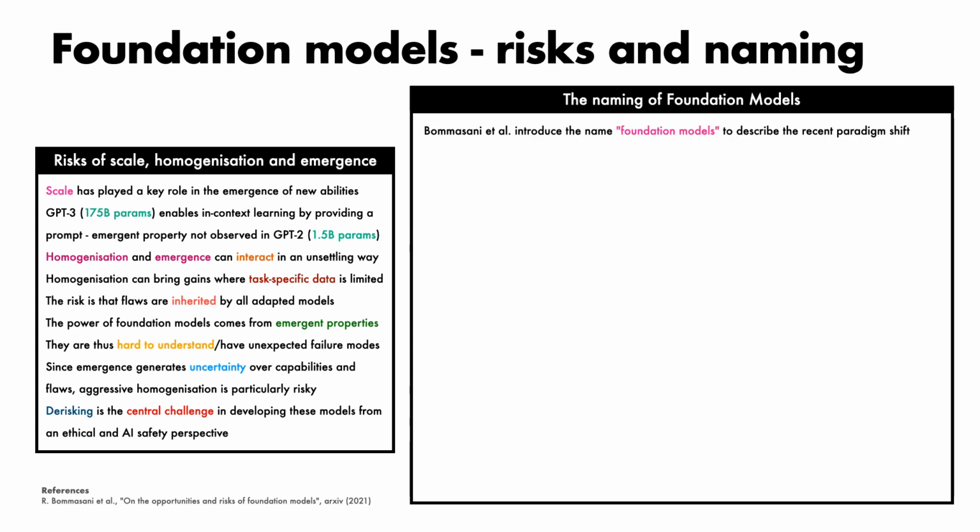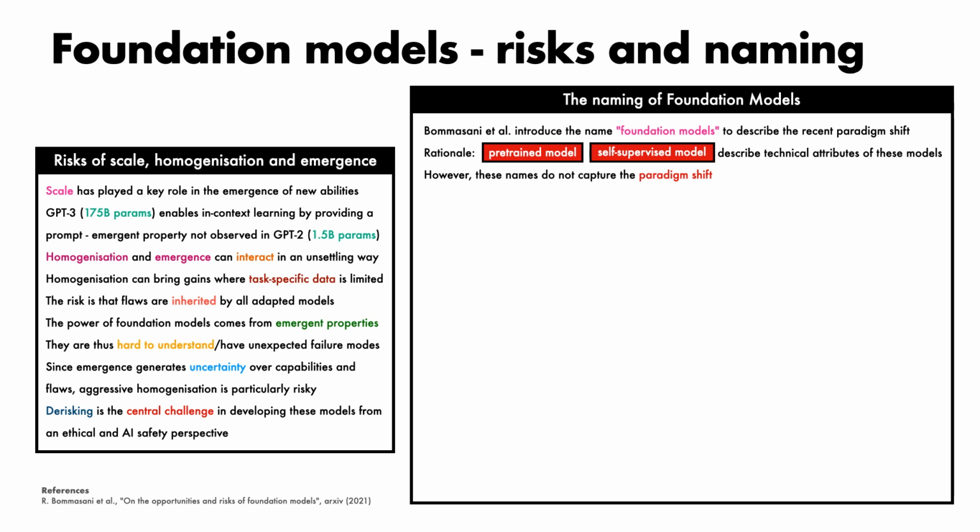Bommasani et al. introduced the name foundation models to describe the recent paradigm shift that has taken place. The rationale behind this naming is that terms such as pre-trained model and self-supervised model do describe the technical attributes of these models. However, they do not capture the paradigm shift that is taking place. Language model, on the other hand, is too narrow, since foundation models go far beyond language.